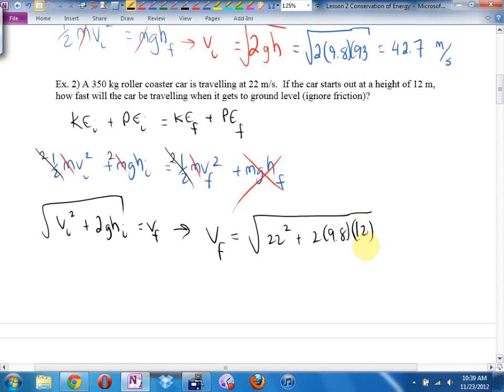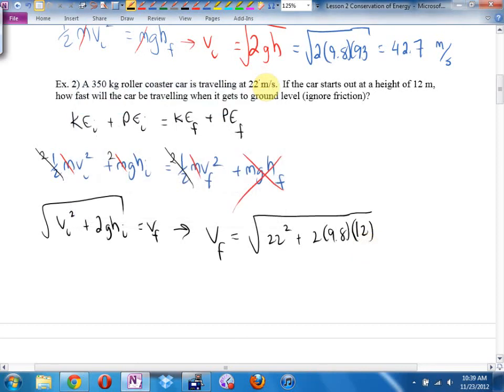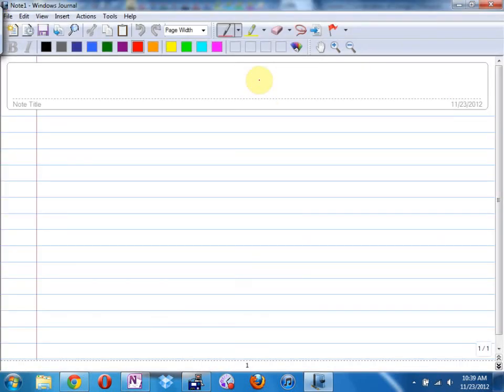What a great question, Gabby. Ask your question. Gabby has said, hey, Mr. Duick, can't I just cancel out the 22 squared? Let's find out. Is that true? Is 9 plus 16 25?